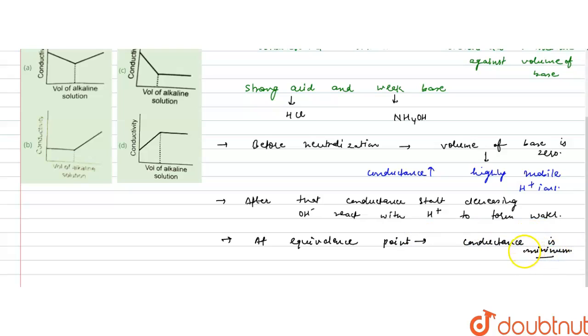After the equivalence point, or the neutralization, if we add more volume of the weak base NH4OH to the solution, that base will dissociate in a little amount and give hydroxide ions.